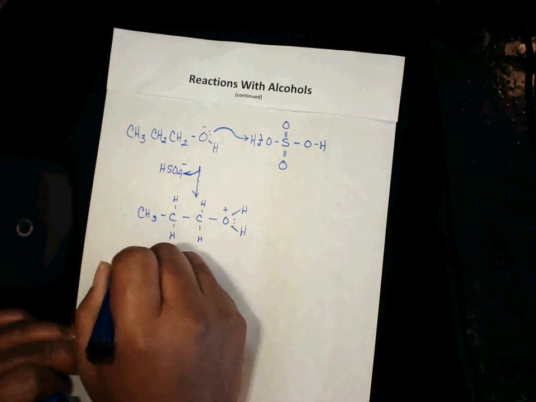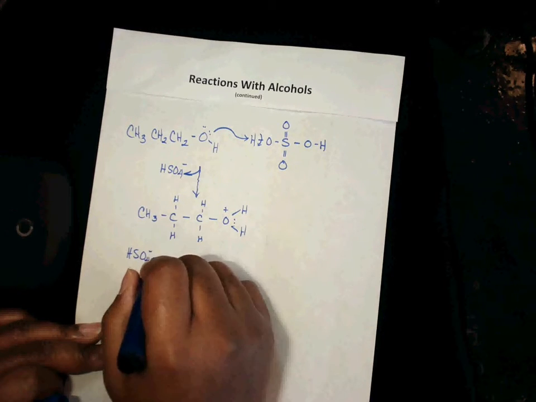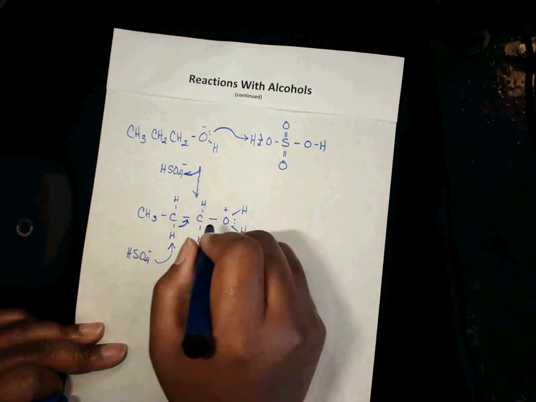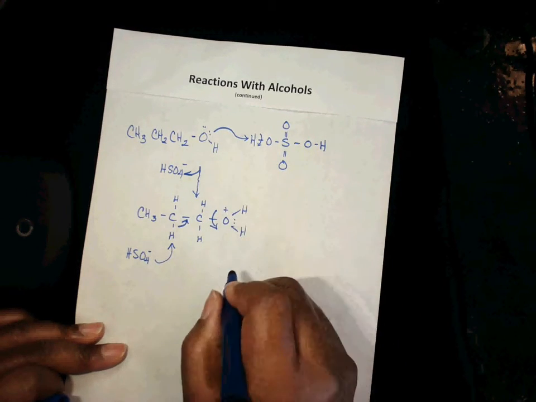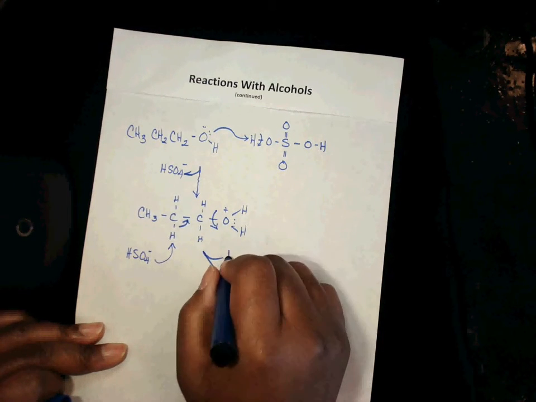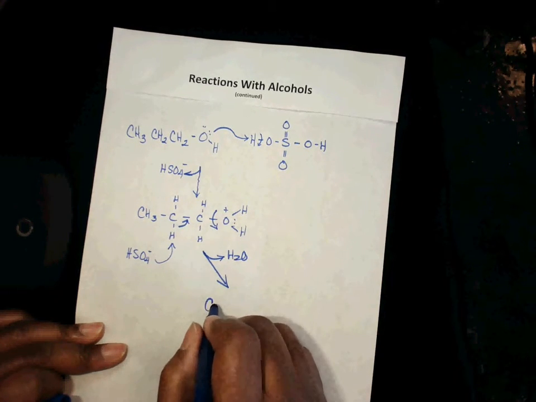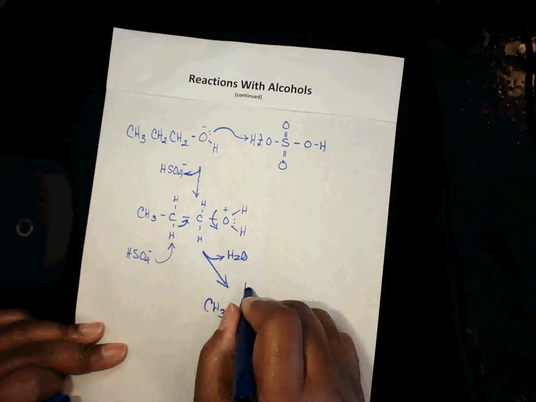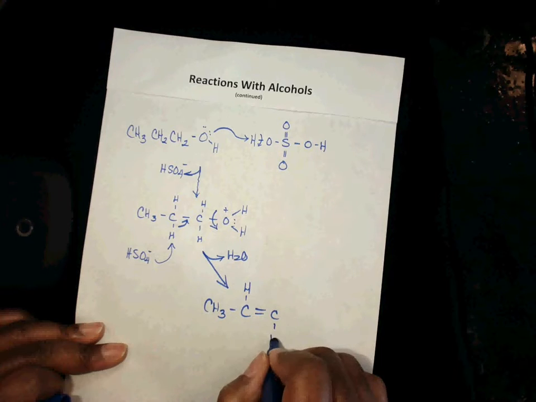Well, the bisulfate anion acts as a true base in that it's going to take a proton away from the alcohol and thereby force out water. Hence the term dehydration. And we come away with an alkene.